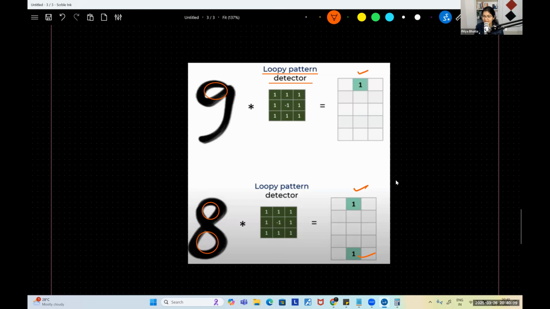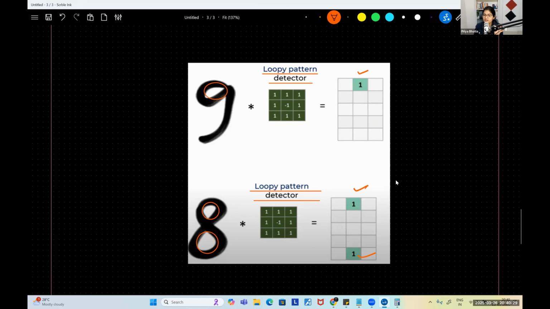the same filter. Why have we applied the same filter over here? Because this specific filter is responsible for loopy pattern detection only. So whenever you see that in my numbers there is a kind of a loop coming up, I will always go with this specific kernel.